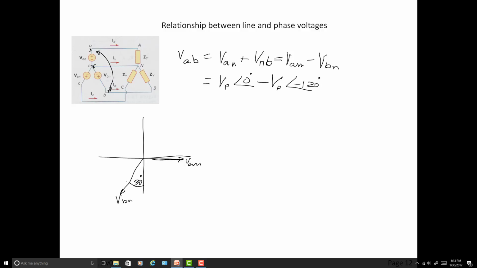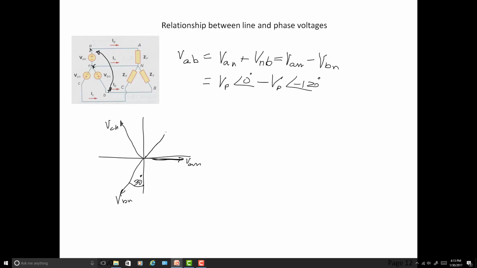All right. Now, just for reference, I guess we could stick our VCN in here. But if I want minus VBN, in other words, I want VNB that I'm going to add, or I'm going to subtract minus VBN, what is that?